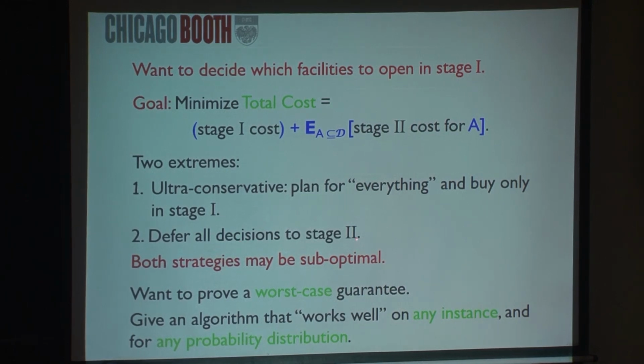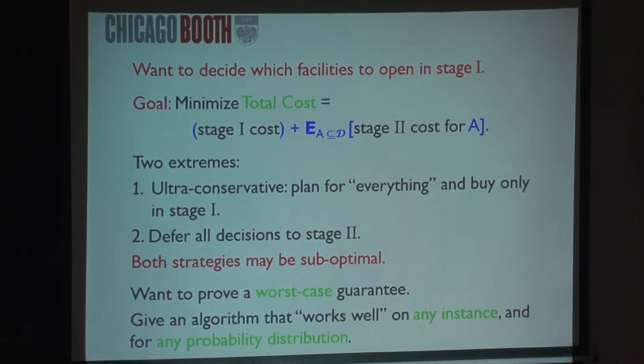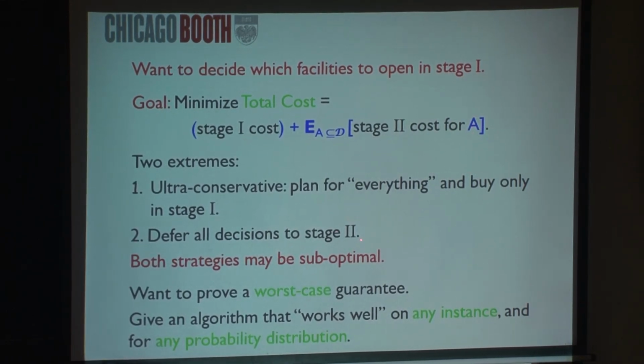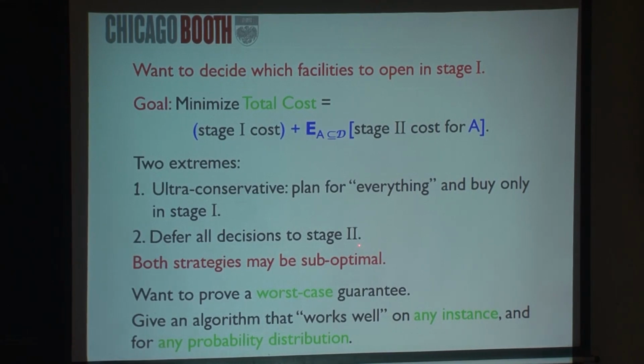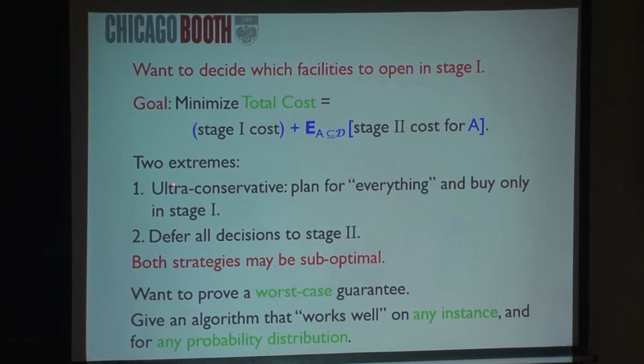You could decide to defer all of your decisions until after you get to observe what the demands are. So after you get to observe A, then you'll just optimize in that case. Now, of course, both of these could be bad.